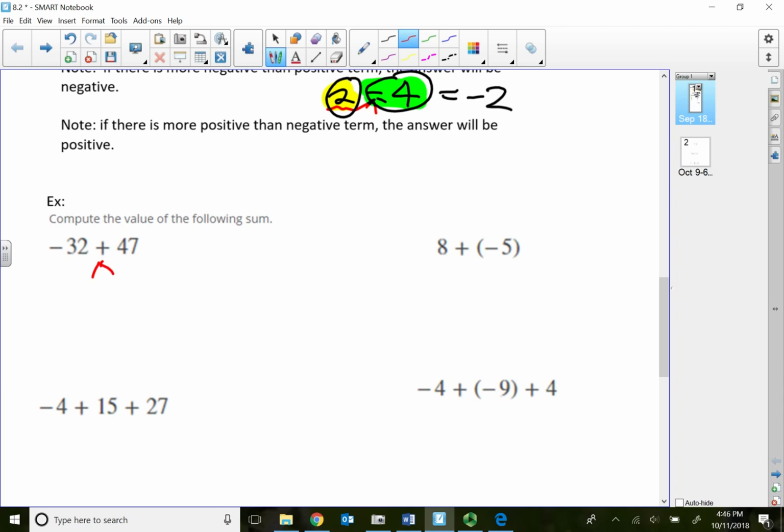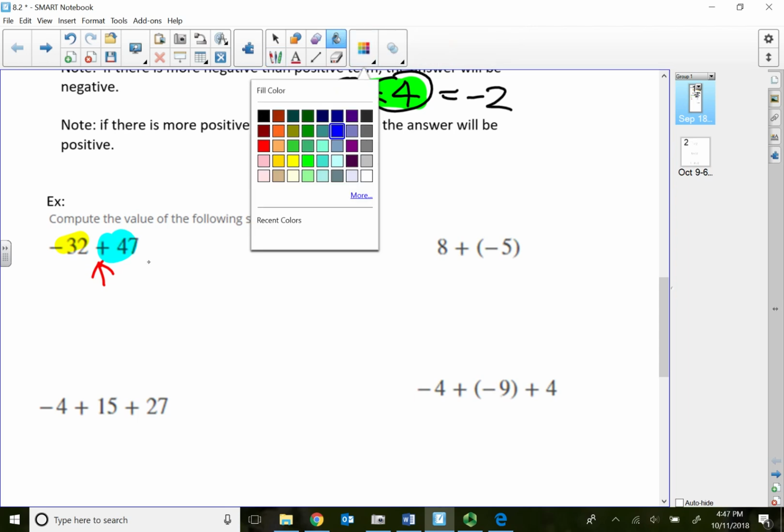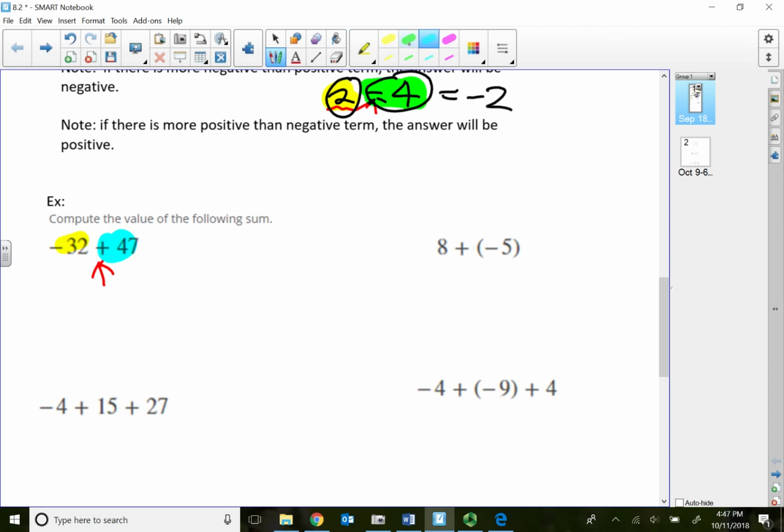Okay, this is where it is strange. We say plus 47, but we are not actually adding, because the addition sign here separates my two terms. I have negative 32 and I have positive 47. These two terms have different signs, so in our mind, we actually subtract them.